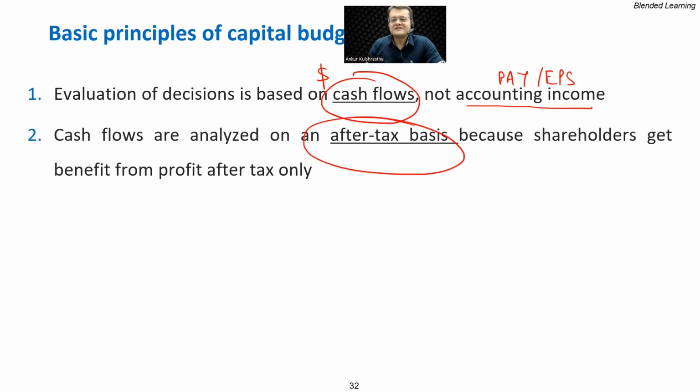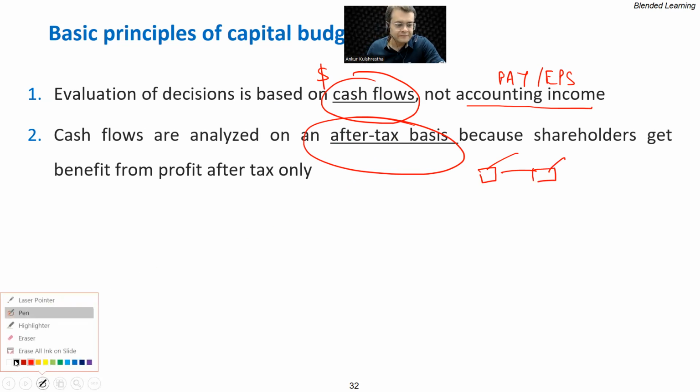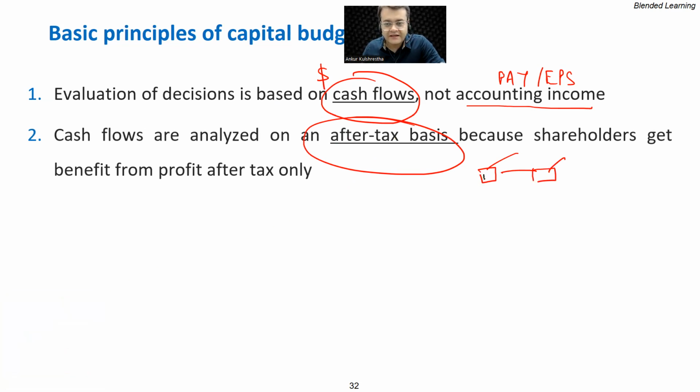and in our class, we sometimes create a joke that all the finance managers are actually wearing a spectacle, and the spectacle carries 1 minus t on it. You see, so when an individual, let's say, buys a coffee worth 50 rupees, it's 50 to that individual, but to the finance manager, he doesn't see a 50.